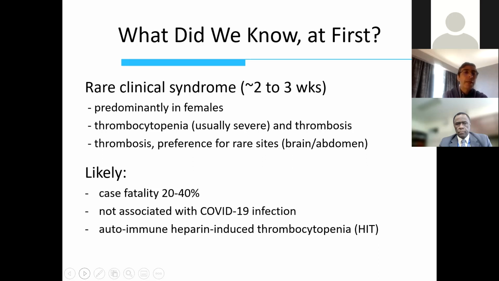But in a minute percentage of patients, the exposure to heparin leads to a paradoxical effect that it promotes clotting rather than protecting us from clotting. So that's what heparin-induced thrombocytopenia means.